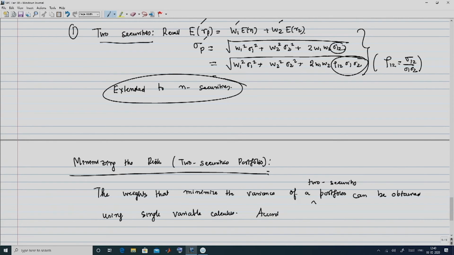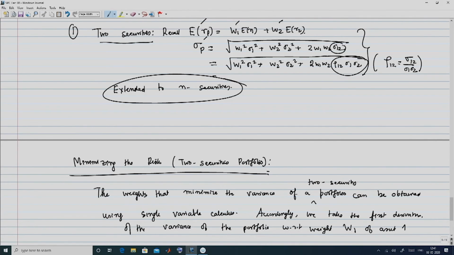Accordingly, we take the first derivative of the variance of the portfolio with respect to weight W1 of asset 1.